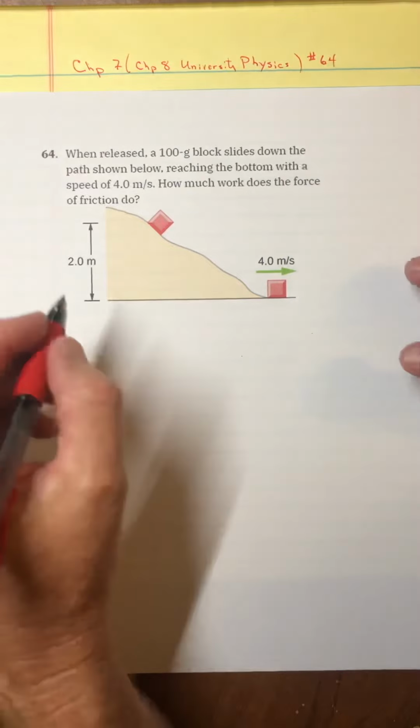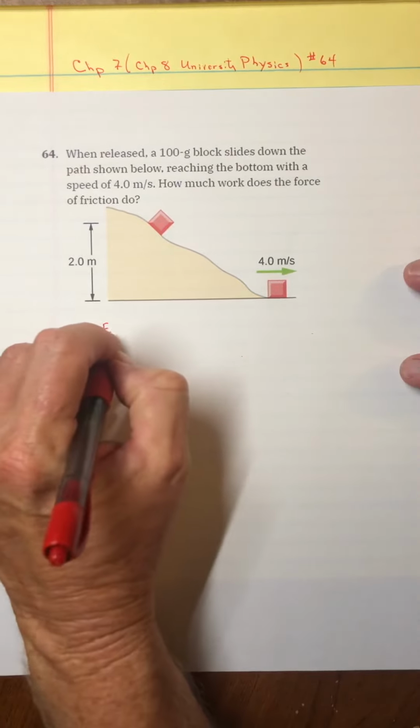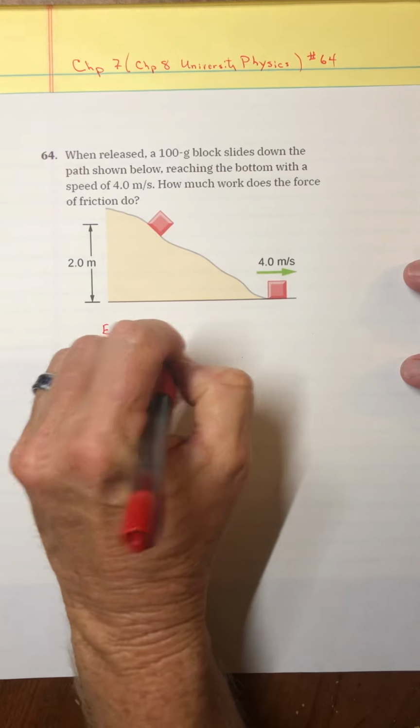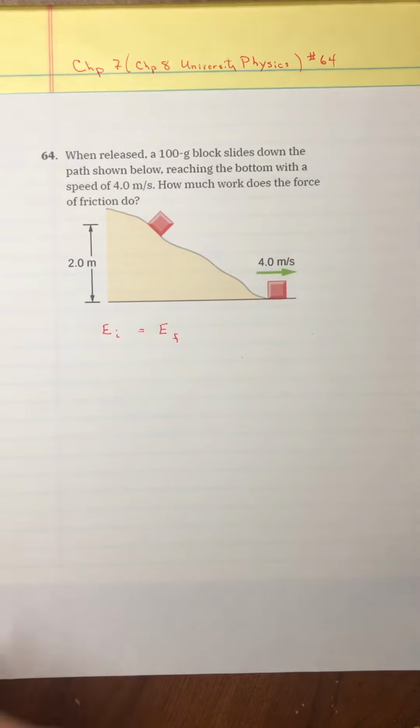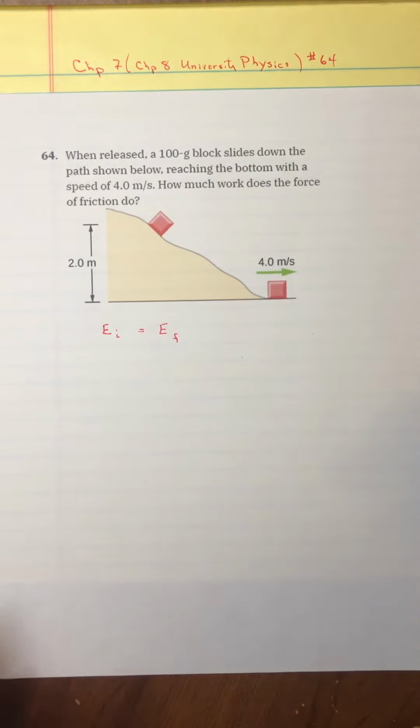All right, so my logic of attack, as I tried to explain in the video lectures, is to say the energy you start with will equal the energy you end with. This is a conservation of energy type of problem. And so you can write out all the different types of energy.